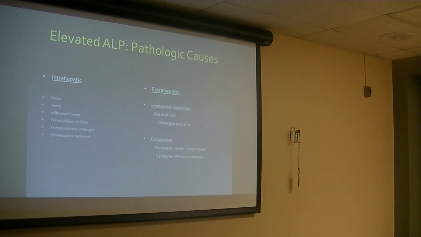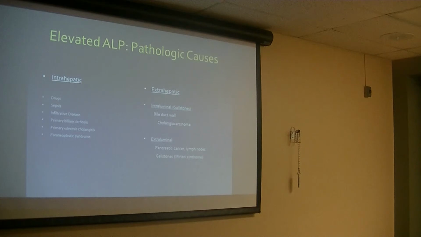These are some of the pathologic causes. For intrahepatic, you can have drugs that cause intrahepatic cholestasis, cholestasis of sepsis. Any infiltrative liver disease can cause compression of your bile ducts within the liver. Cancer will cause liver tumors. And then primary biliary cirrhosis, which is an autoimmune disease which attacks the bile ducts.